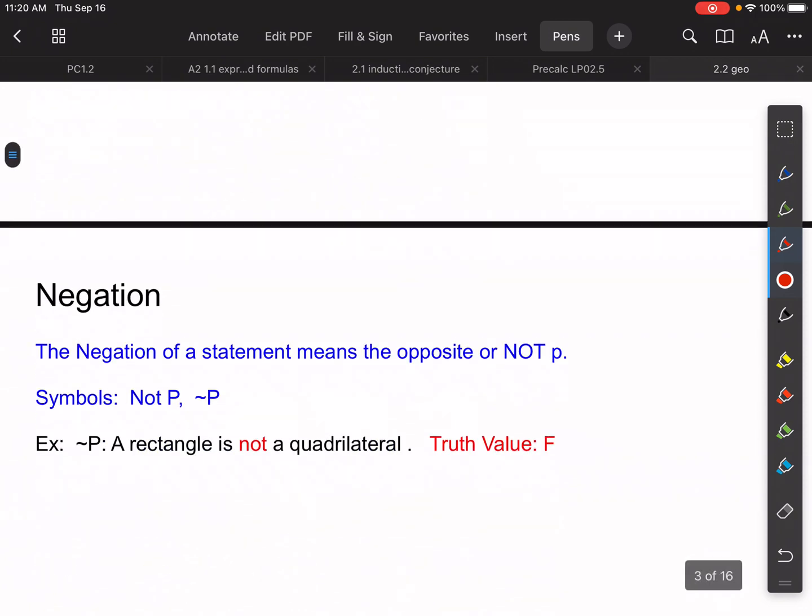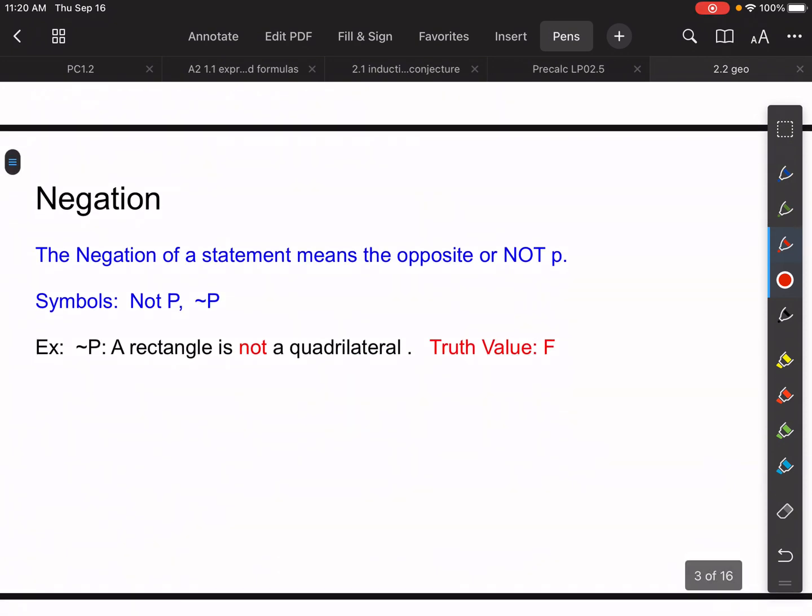A negation is simply the opposite of that, or we say not. It's represented by this little squiggle. So not P. You can either write not P or you can use the symbol. Here's an example. If it's not the P statement, then we include this word not.